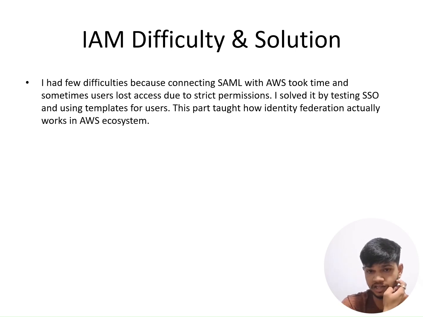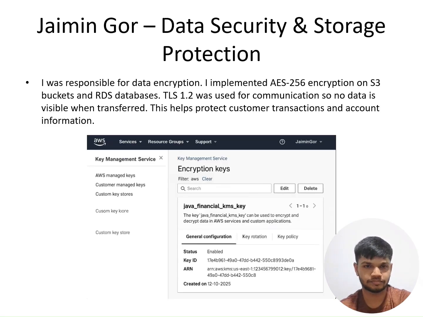To fix that, I created user templates and tested access rules in a sandbox environment before deployment. Through this, I learned how identity federation works in AWS, and especially how on-premises credentials can connect securely with the cloud resources. Overall, IAM played a crucial role in controlling every action inside our AWS ecosystem.